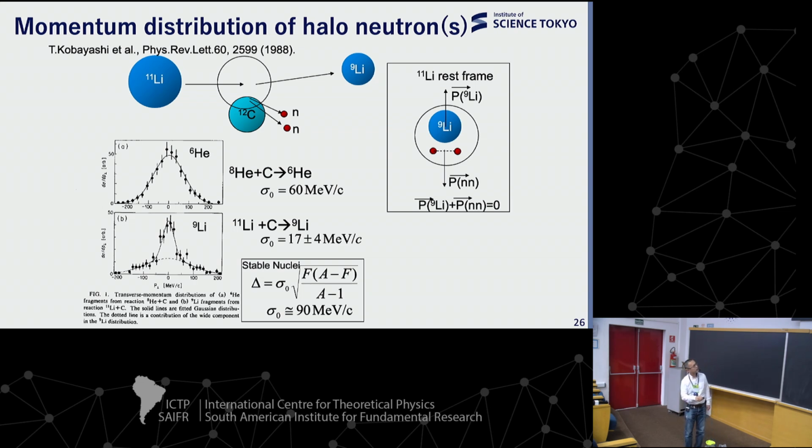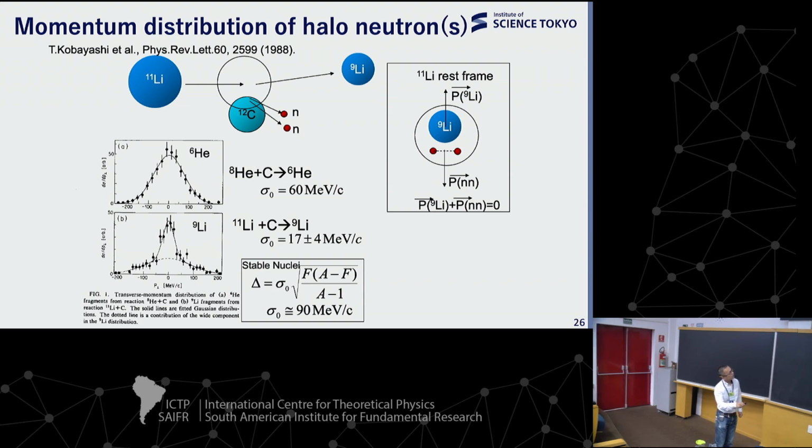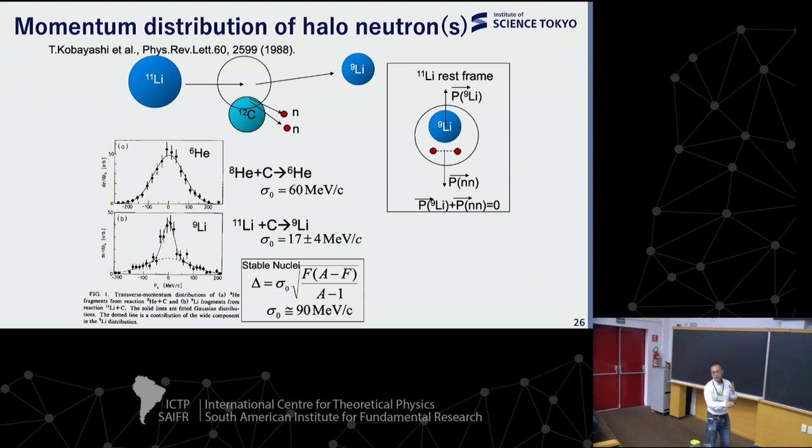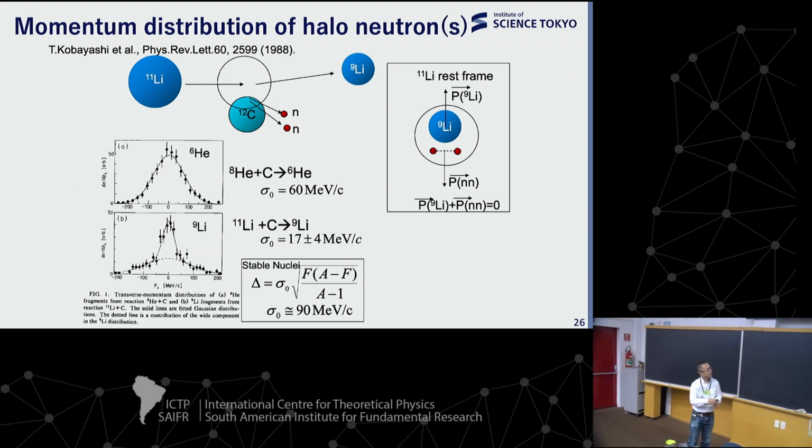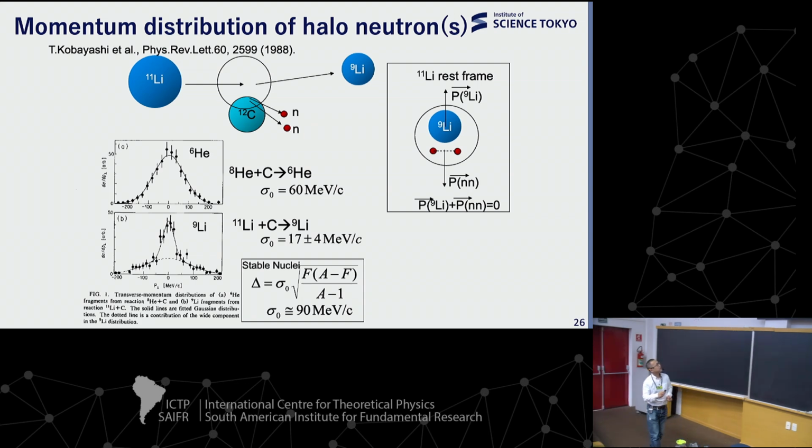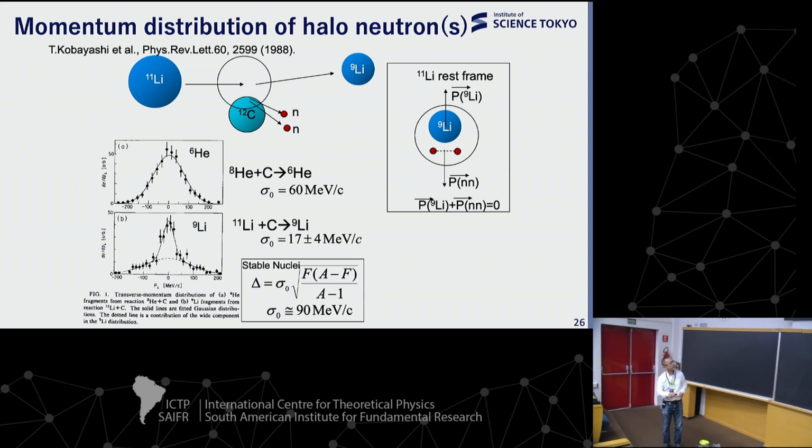This expression shows that the momentum width is the product of this sigma 0 and this factor, where F is the fragment mass and A is the projectile mass. So in this case, it starts from lithium-11, so 11 minus 9, and this is 9, and this is 11 minus 1.